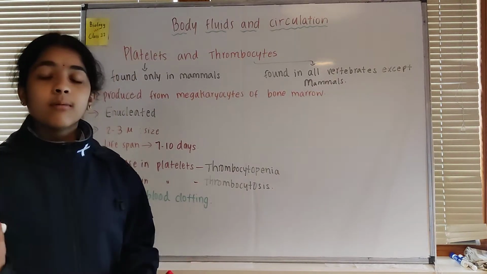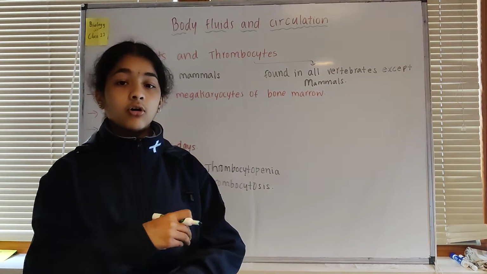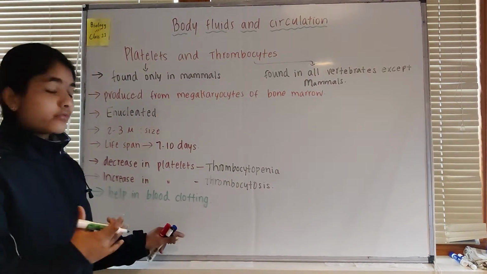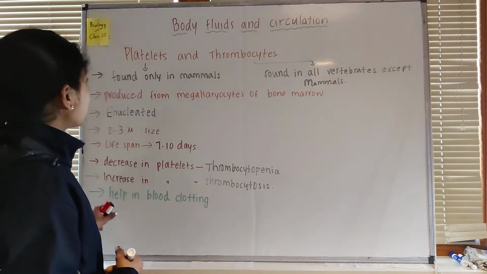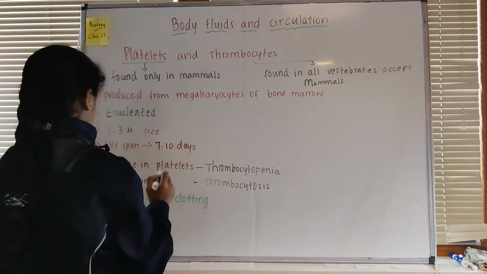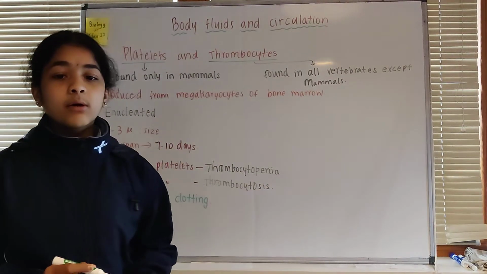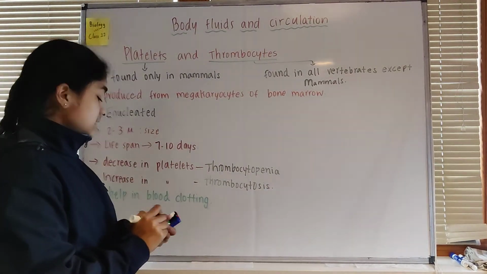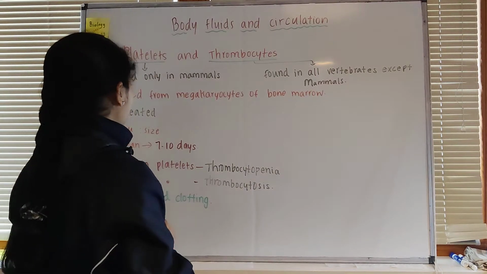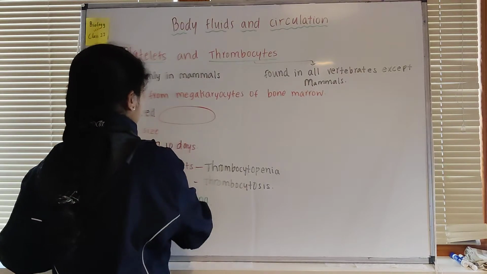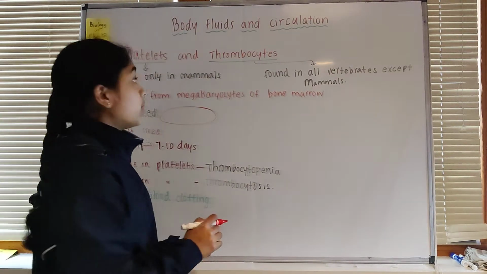They form a clot on the skin or on the wound, and it looks like a thread. That is the fibrin. So this is about platelets. The shape of the platelets is oval. They look like this. Now let's talk about the thrombocytes.